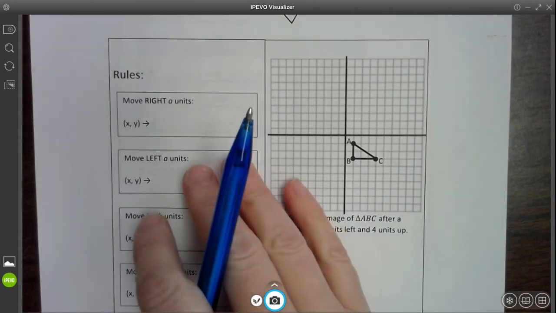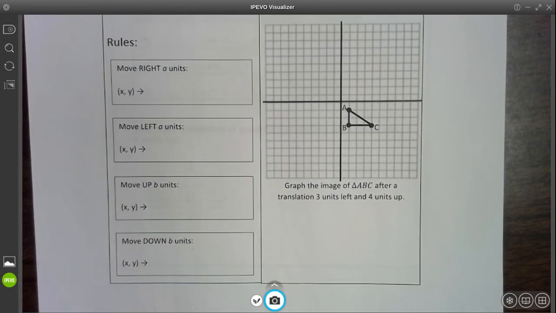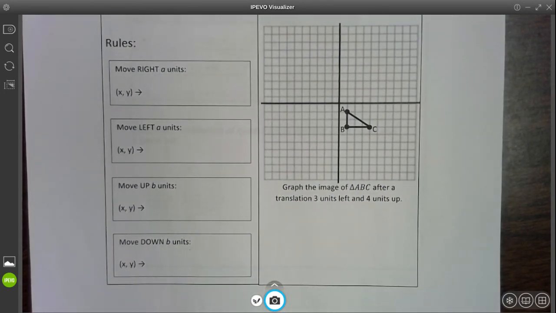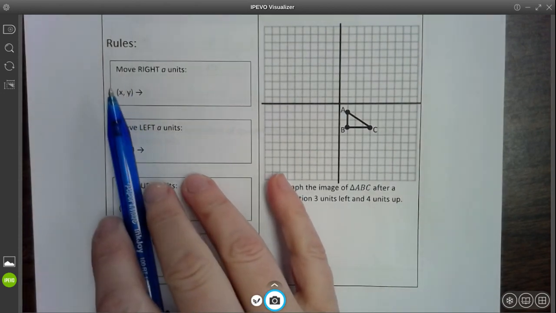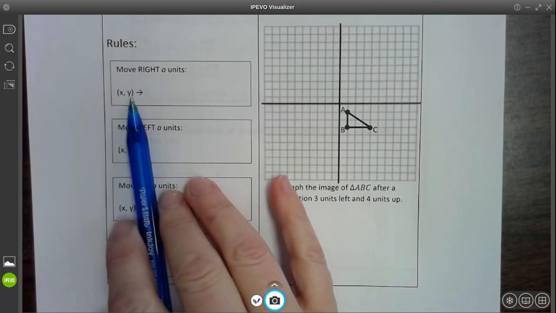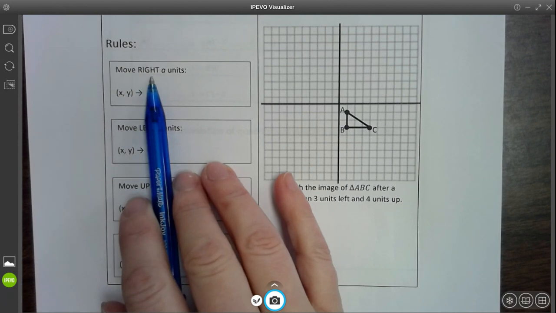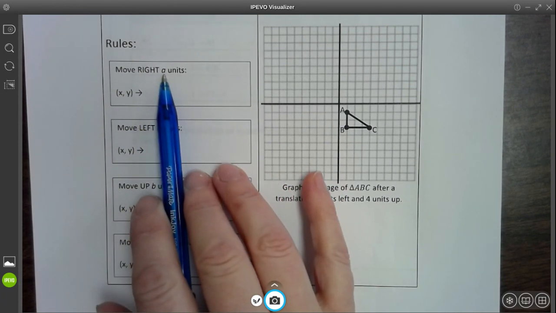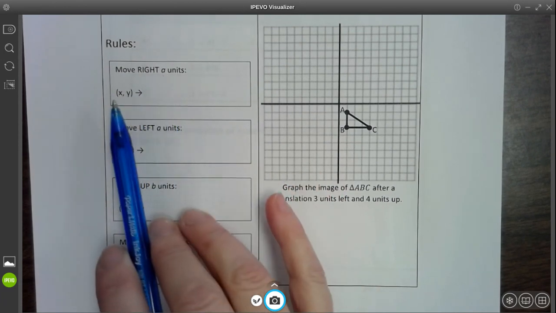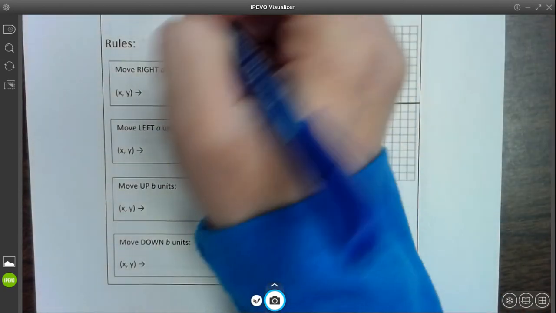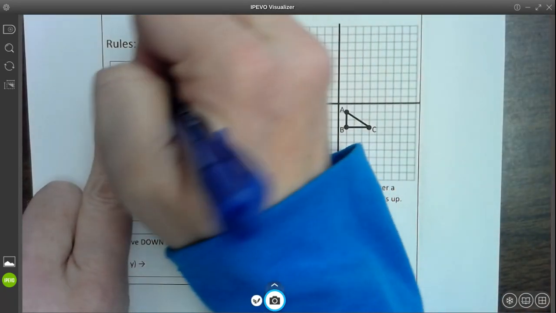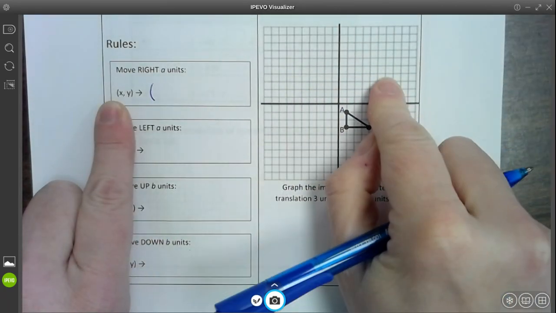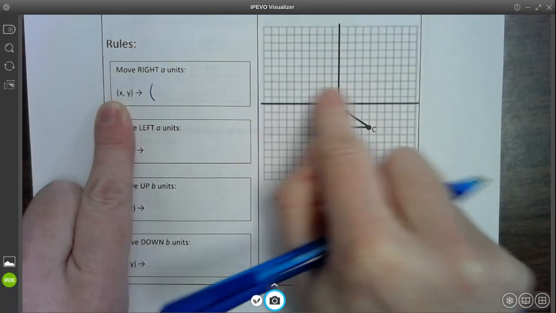Okay, so rules that we have that are going to help you out a little bit for coordinate notation. This is called coordinate notation. What do I do with the coordinates x and y? So if I'm moving something to the right a certain number, like a units, what I'm going to do to the coordinates is start with the x coordinate. And if I move something to the right, that's affecting the x coordinate, right?